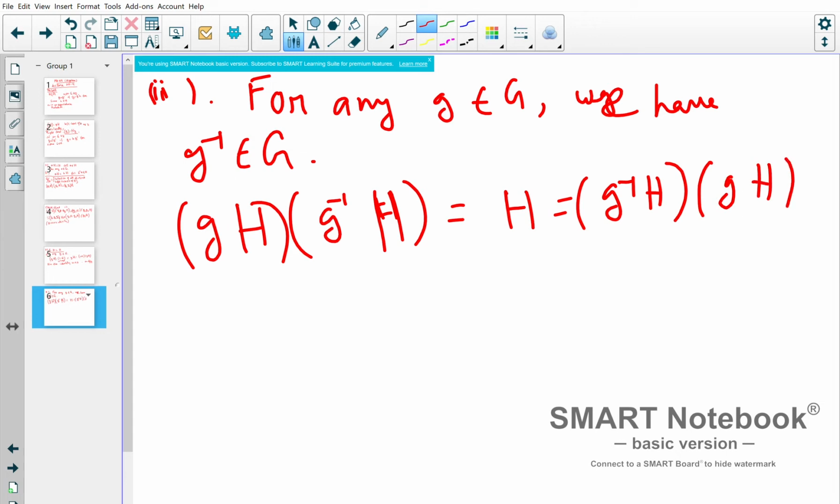So what does that mean? That means you can define the inverse of these cosets by this, the inverse of H.